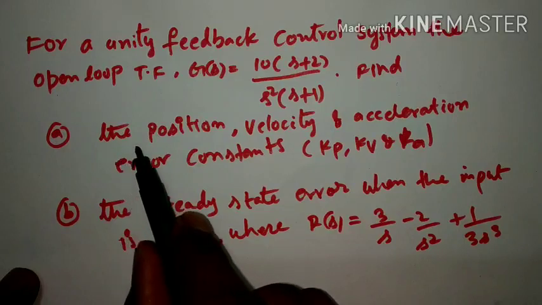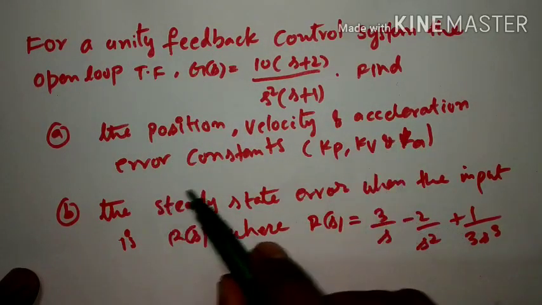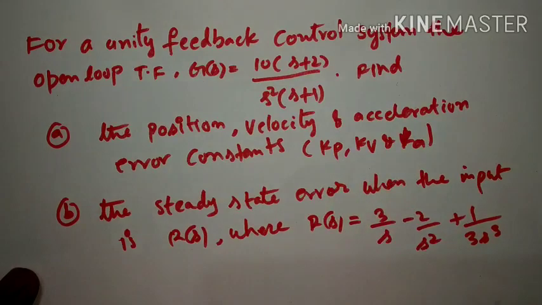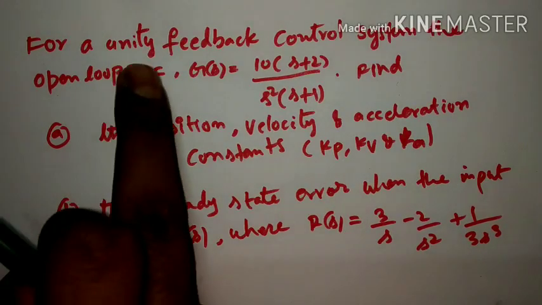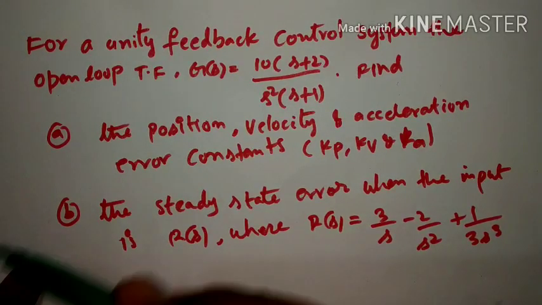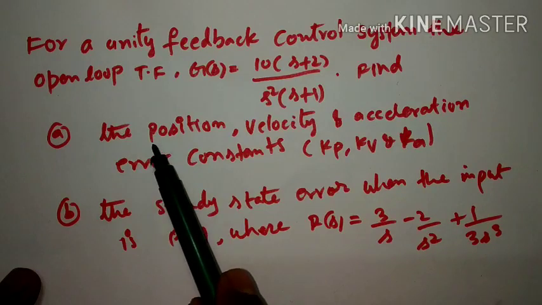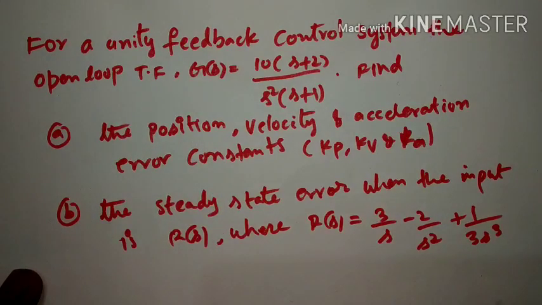Find the position, velocity, acceleration error constants Kp, Kv, Ka for a given unity feedback. Unity feedback means H(s) is equal to 1.